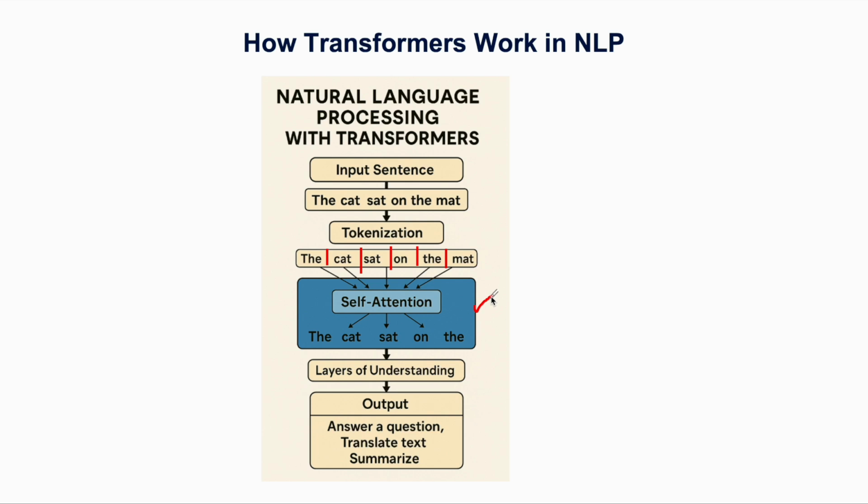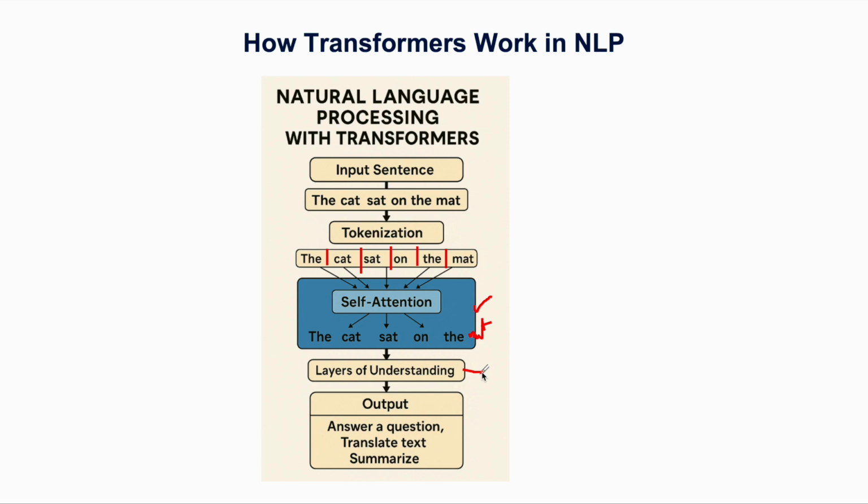As we have discussed earlier, in the self-attention mechanism, for each word, the model looks at all other words in the sentence to determine which words are important for understanding the current word. For example, if it is trying to understand sat, then it focuses on maybe cat, because cat is sitting on the mat, and then it goes through layers of understanding. The transformer uses multiple layers to build the deeper meaning, like grammar, intent, etc.